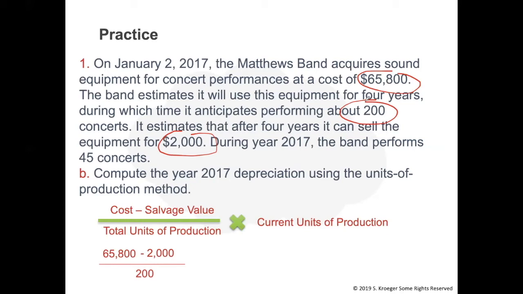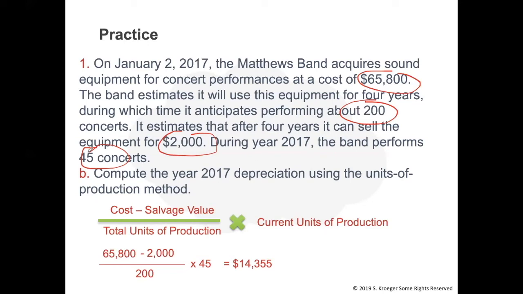Once we get to 200 concerts, the equipment is very worn out and we would replace it with new equipment. We're going to multiply this by the current units. How many concerts did we perform in 2017? 45 concerts. We will multiply that by 45. Our depreciation for the year would be $14,355.